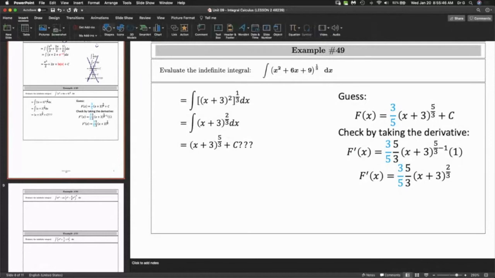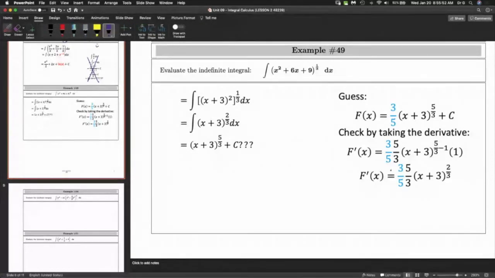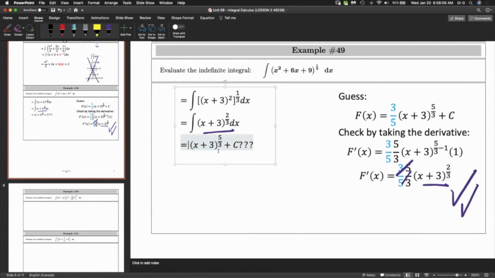Because you're preemptively putting a 3/5 there, these neutralize each other. So you end up with this being the same as this. So we're successful. Our guess here was not correct, but we adjusted it by putting a 3/5. And that is the antiderivative.